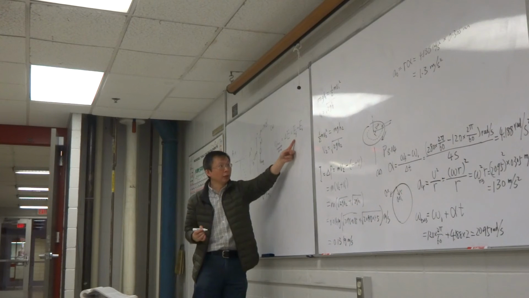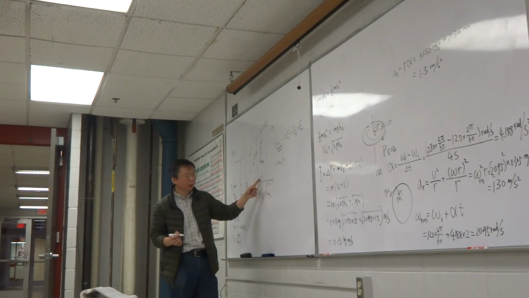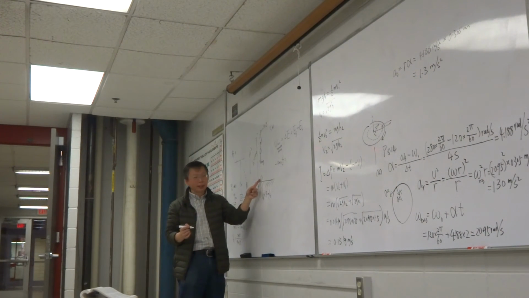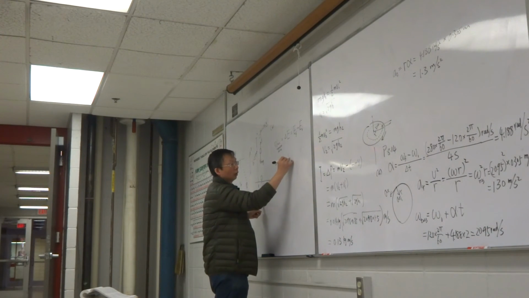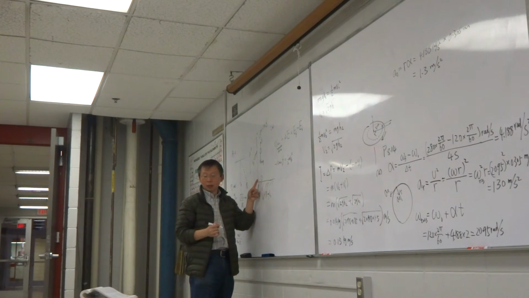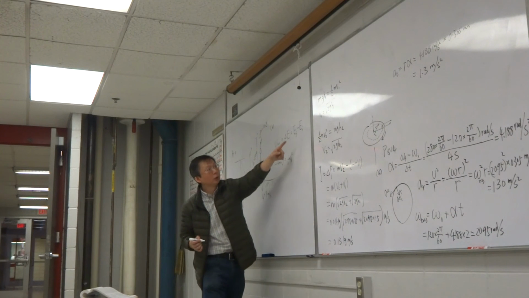Then that equals this side: final point energy minus initial point energy. At the final point, the total energy is kinetic energy, just the speed, plus potential energy. We choose this point as the zero point, so the potential energy is just 0. So minus the initial point.